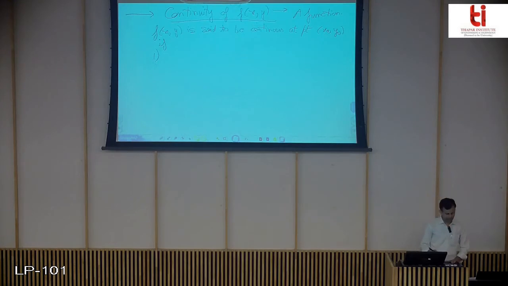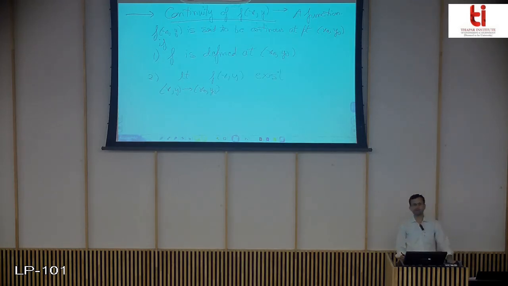That definition says f, first of all, should be defined at the given point. So here the point is (x0, y0), two variable function, so the function is defined at (x0, y0). Secondly, the limit as (x, y) approaches (x0, y0) of f(x, y) should exist.